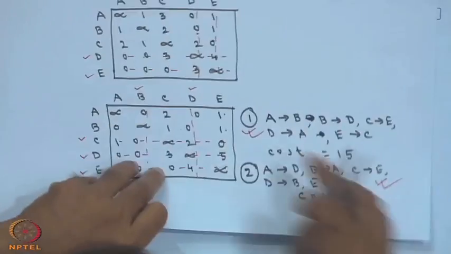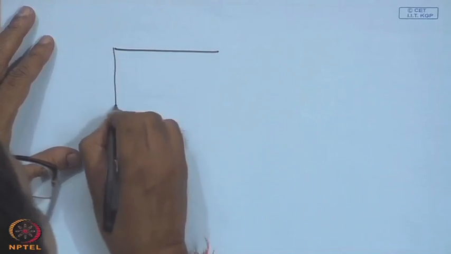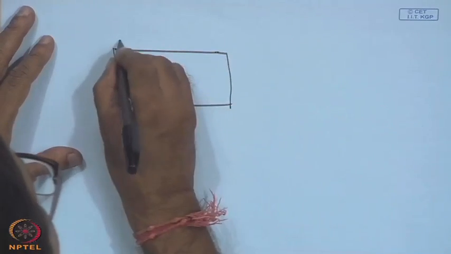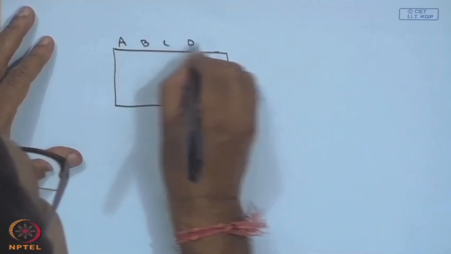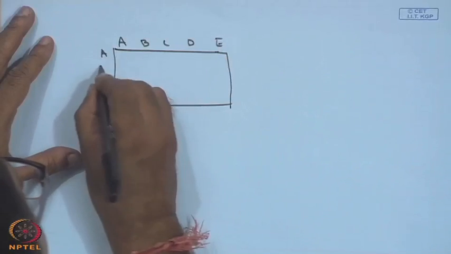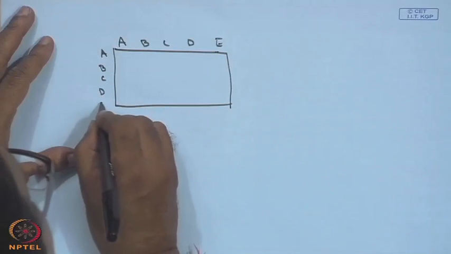In the same way, related to case 1, I will draw the table once more, that is you are having A, B, C, D and E here, and also A, B, C, D and E there.